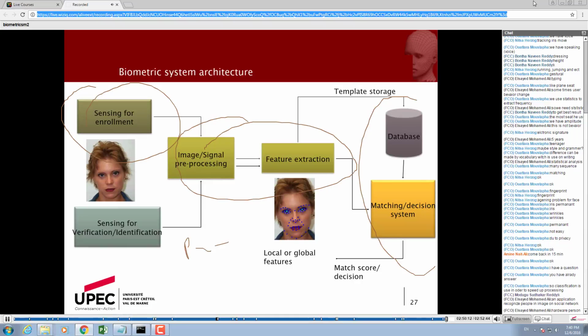You have to memorize a scheme like this, and you decide if you want to work in this part or in this part, or of course in this part. When you finish your master and you start looking for a job, in the profile they will say, we are looking for someone. You will not find in the profile someone who is able to develop a global biometric application. I don't believe in this.